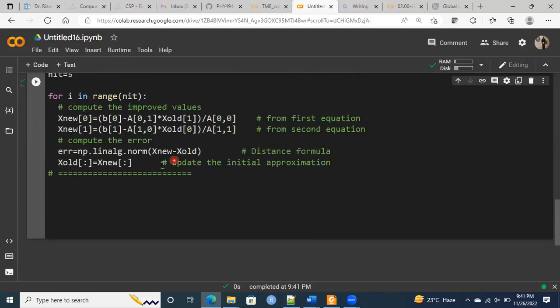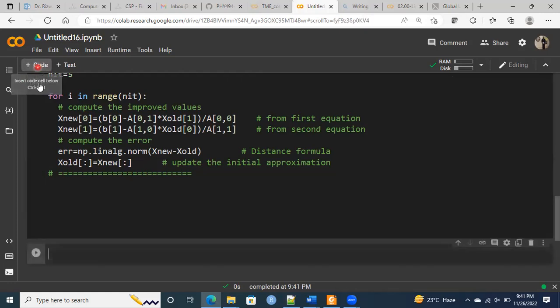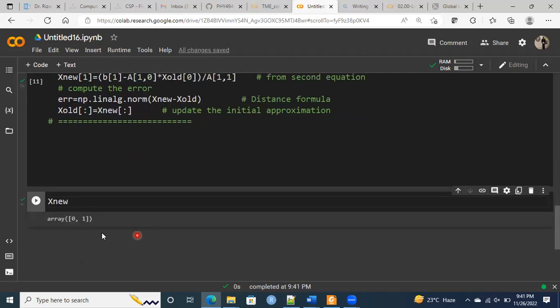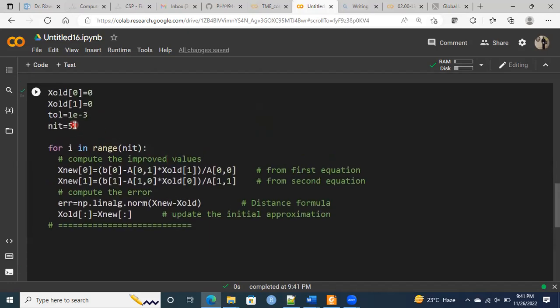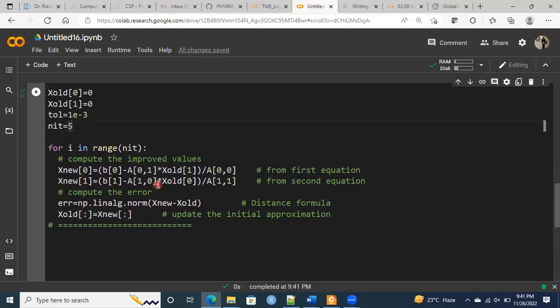So no error has been returned. If I see the value of x new, the value is 0, 1. So let's improve the iterations. For example, say 20 iterations.